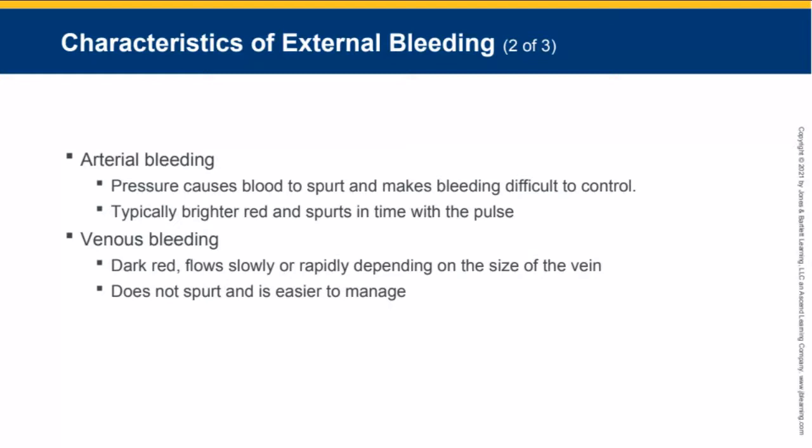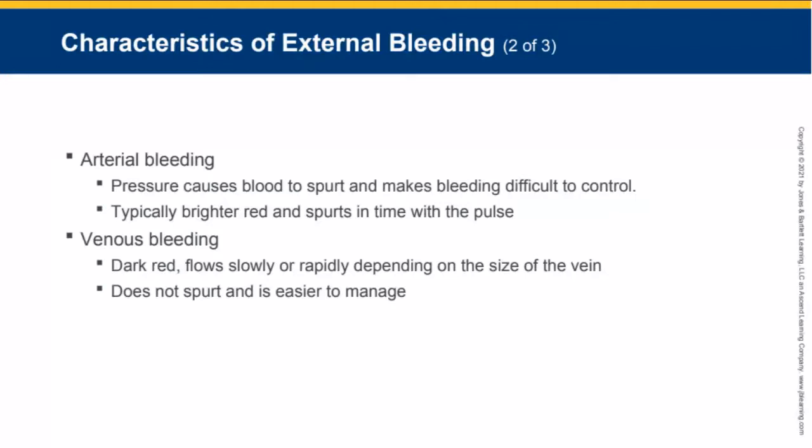Now, arterial bleeding. Arterial bleeding pressure causes blood to spurt and makes bleeding difficult to control, typically brighter red and spurts in time with the pulse. So the blood that flows within the arteries is under high pressure, and when the arteries are bleeding, it mimics the contraction of the heart, so it spurts.